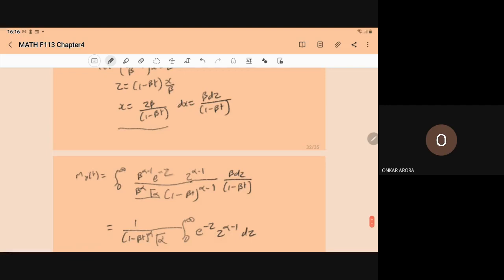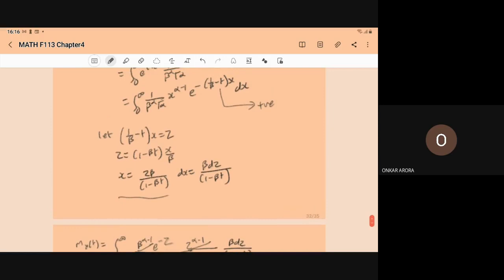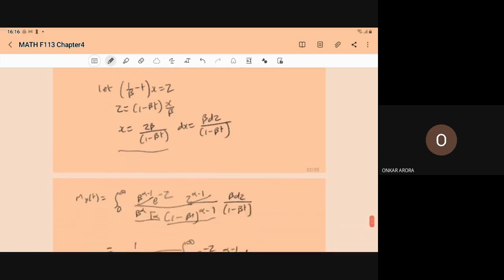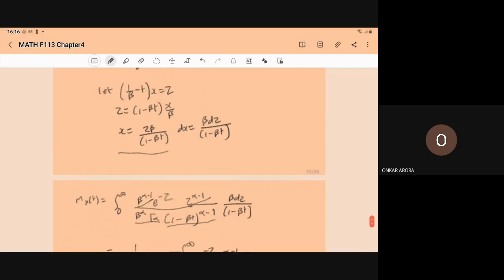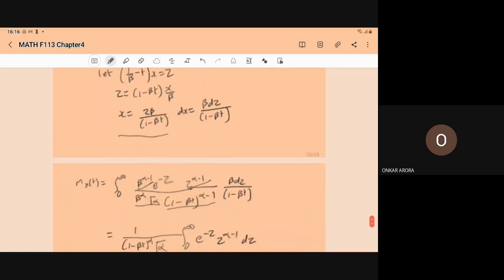So it will become beta to power alpha minus 1, z to power alpha minus 1 upon 1 minus beta t to power alpha minus 1. Then we have e to power, and this bracket we have assumed as z, so it will become e to power minus z. And in place of dx, we write beta dz upon 1 minus beta t.